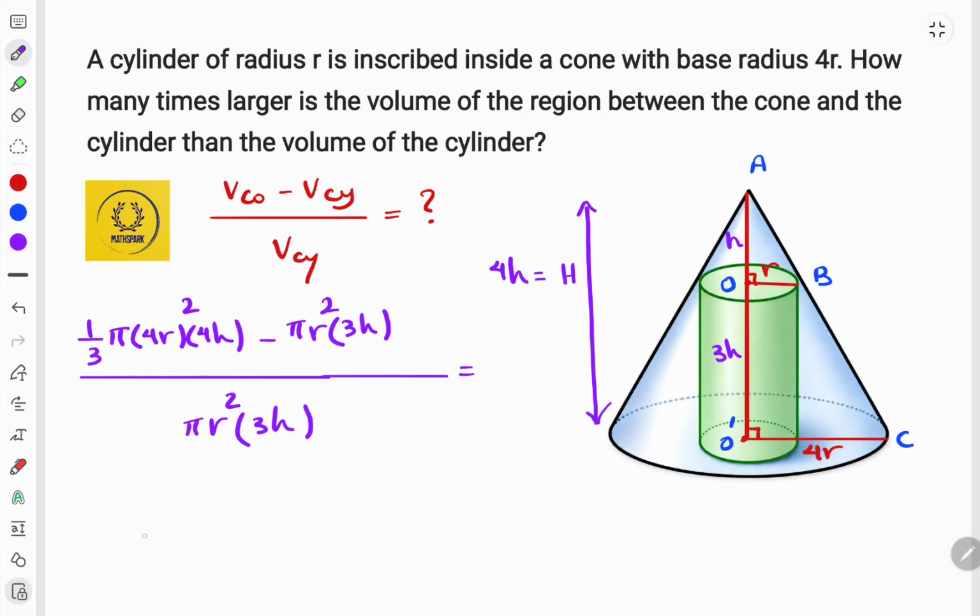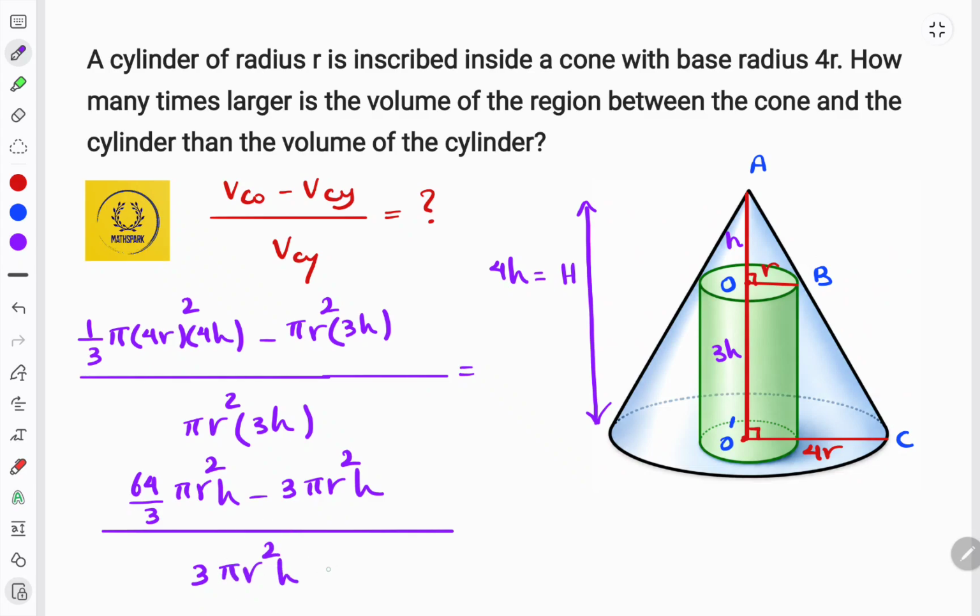And now I'm going to simplify this fraction. 4 squared is 16, 16 times 4 is 64, over 3 pi r squared h, minus 3 pi r squared h, and the same for the denominator, 3 pi r squared h.